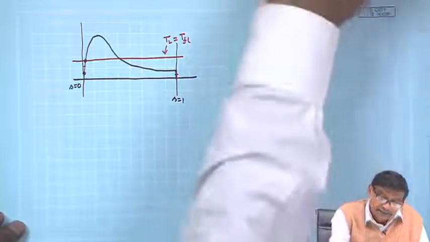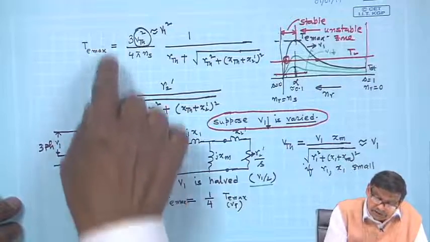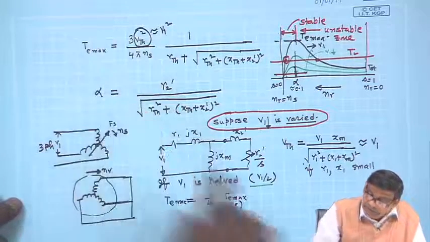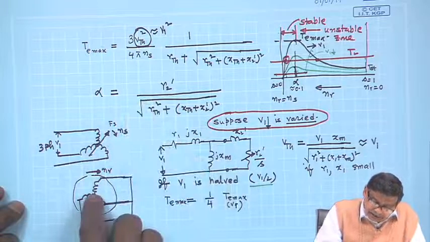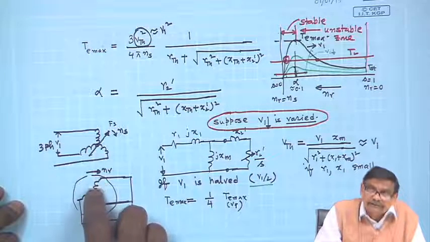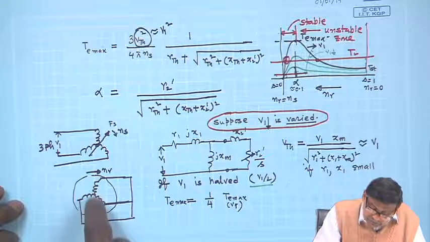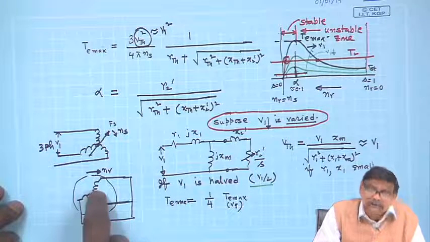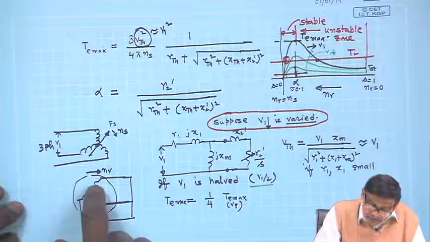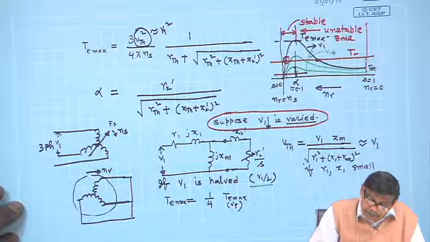We have seen that these two relations are very important. Okay? What is R2 dashed? R2 dashed is the rotor circuit resistance, and here I have shorted the rotor. So, this small R2 is the inherent value of the rotor resistance per phase.